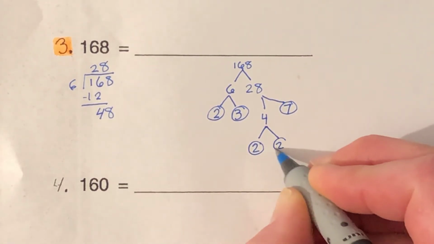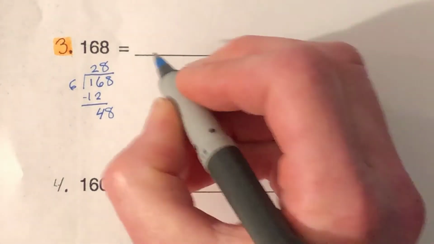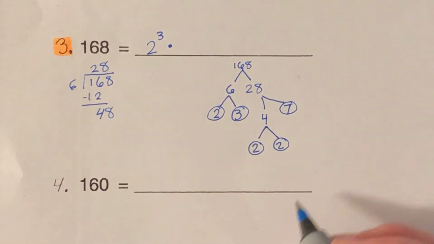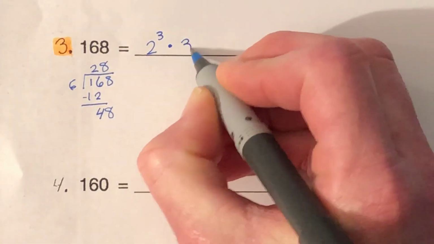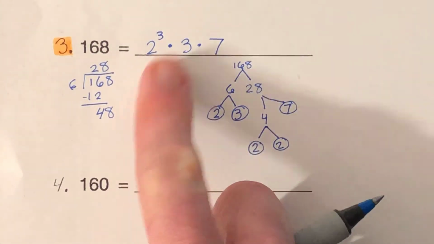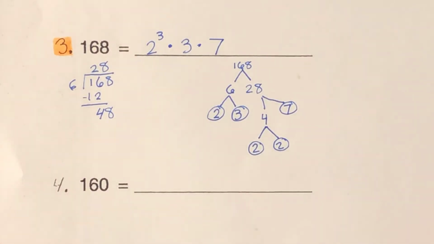And they're both prime. So that gives me 1, 2, 3 2's, so 2 to the 3rd power times 3 times 7. So 2 to the 3rd power times 3 times 7 makes 168.